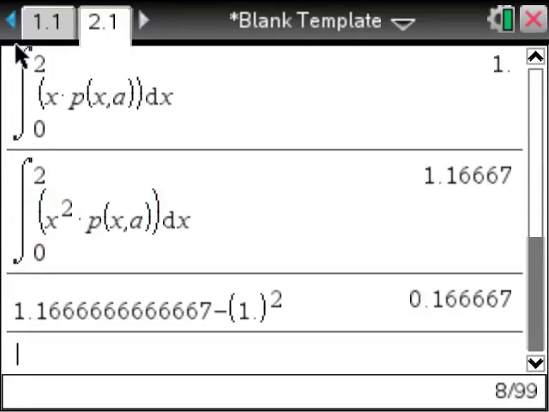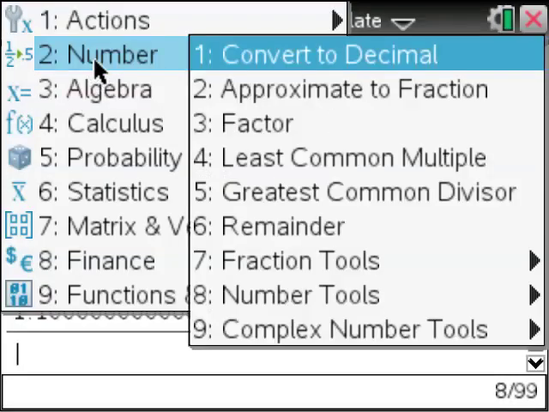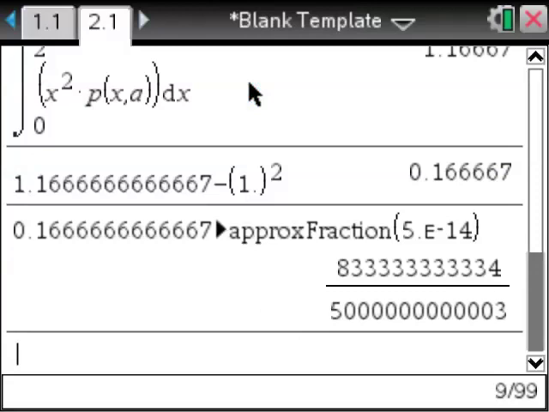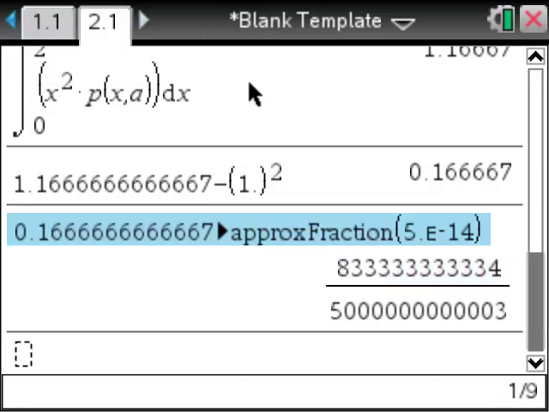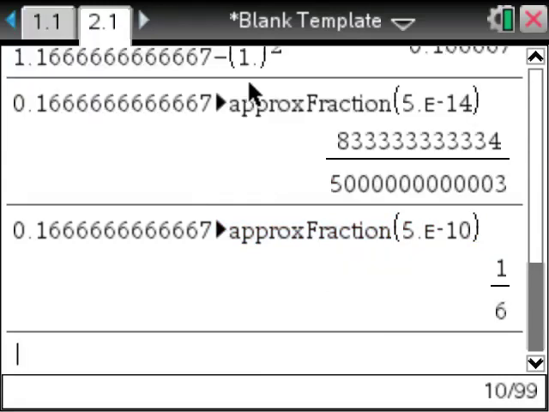If I want to see that as a fraction, I do menu, number, approximate to fraction. I get some monster there, which doesn't look right, so there may be rounding errors. I'll re-execute that command but reduce the accuracy, from 10 to the minus 14 to 10 to the minus 10, and I get 1/6. So my variance here is 1/6, and my expectation is 1.